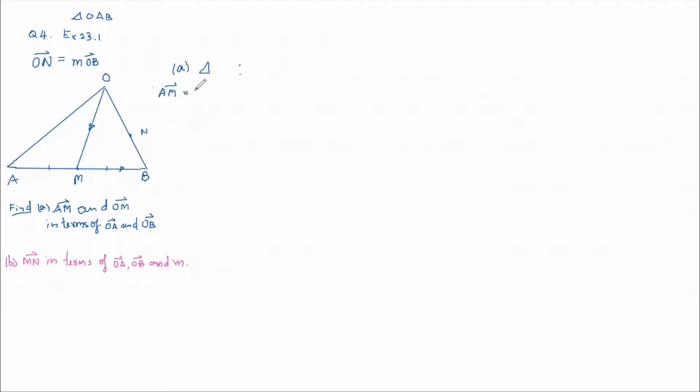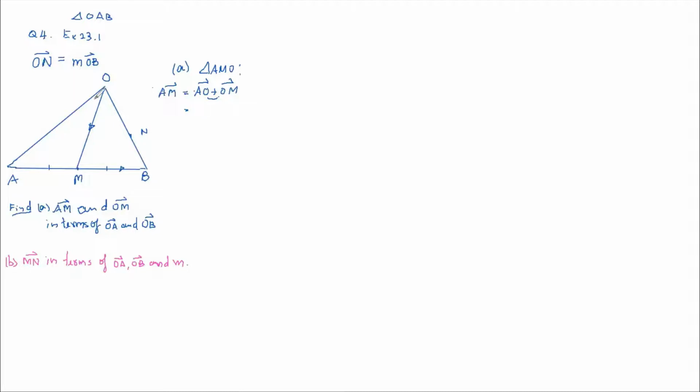In triangle AMO, we start from A, so AM equals the vector AO plus OM.